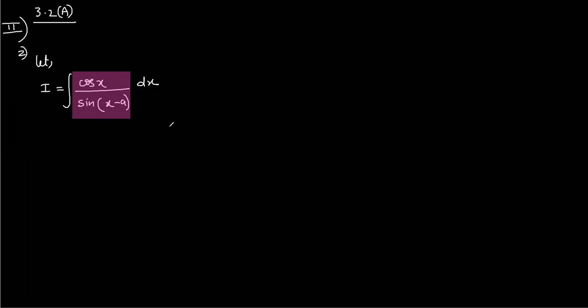There is one more question of this type, which is just after this in the textbook, the same exercise, that is the third question. And the third question is the integral of sine of x minus a upon cos of x plus b dx. Now again, this question can also be termed the same type of question.